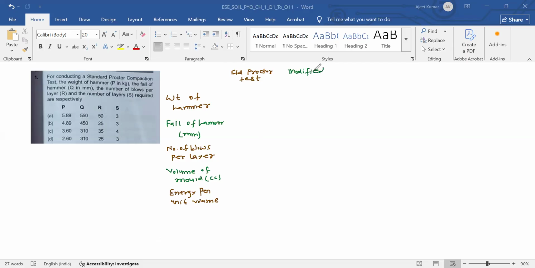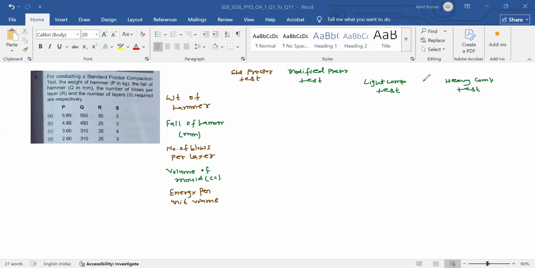Third is the light compaction test, and fourth is the heavy compaction test.